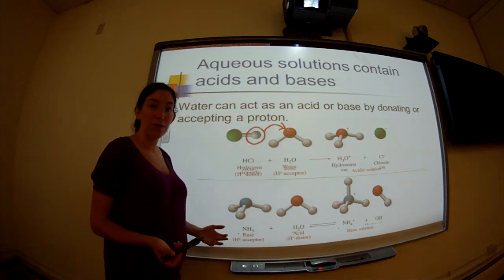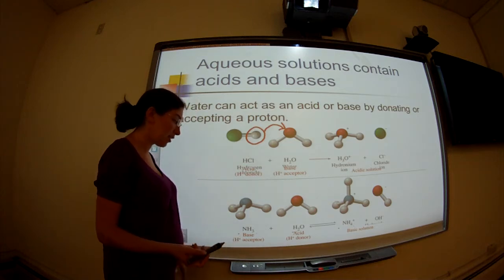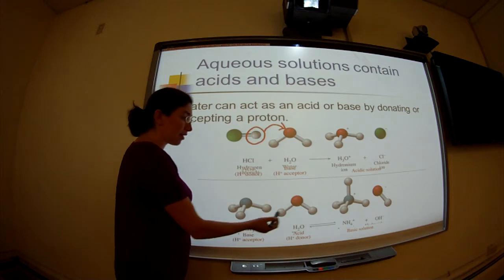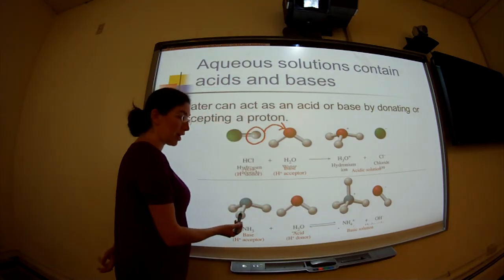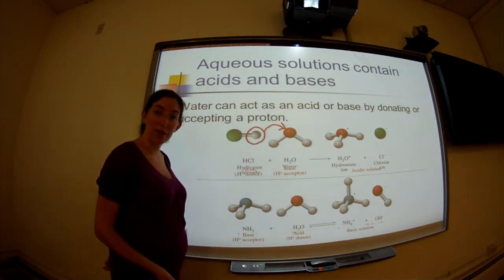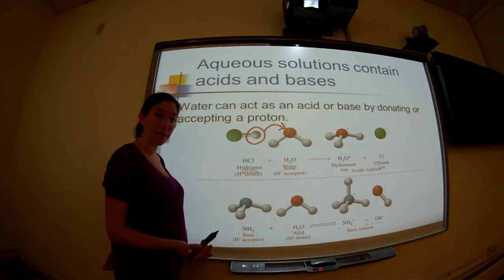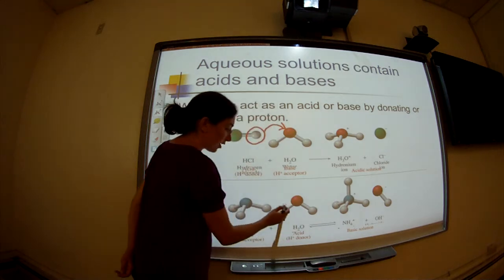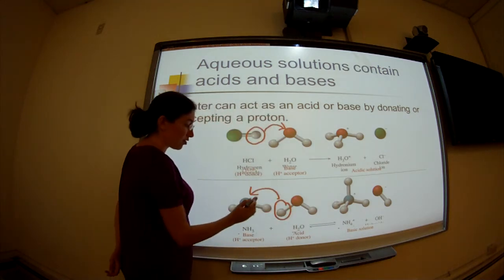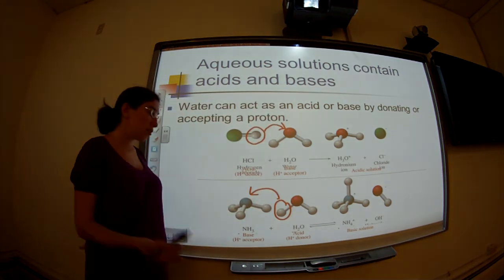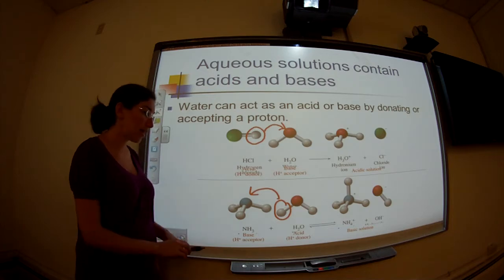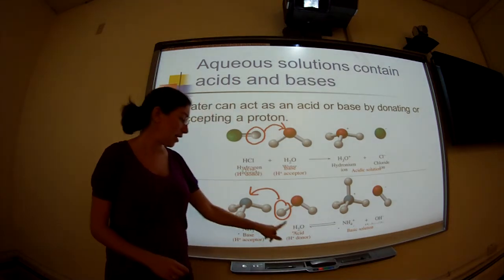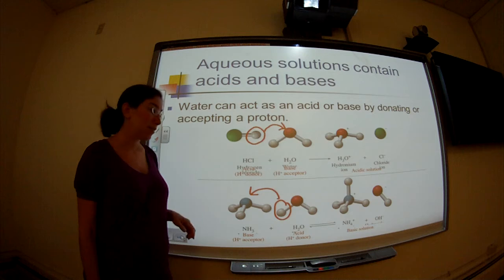But if we're looking at who's the proton donor and who's the proton acceptor, the ammonia goes from having 3 hydrogens to having 4 hydrogens. So it's the proton acceptor, whereas the water goes from having 2 hydrogens to 1 hydrogen. So the water is donating a proton to the ammonia. So it is the acid now, whereas the ammonia is the base. Okay?